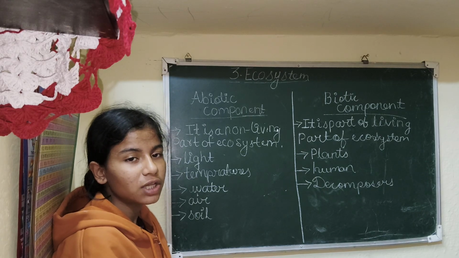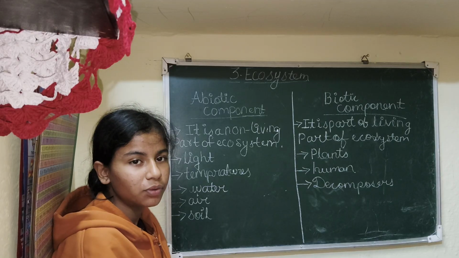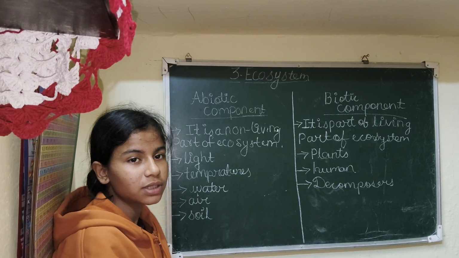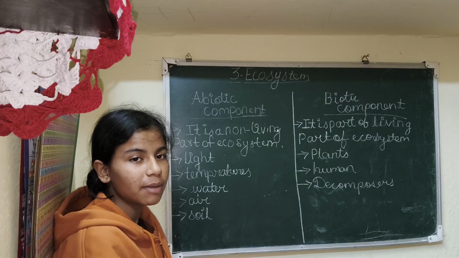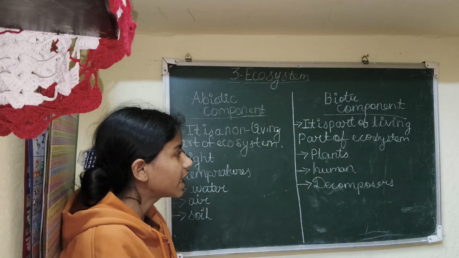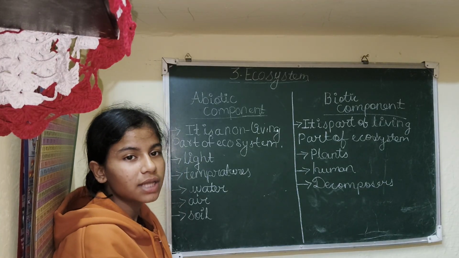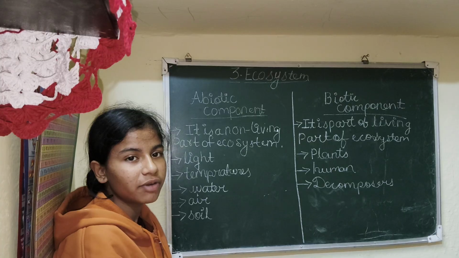The food which we consume is from plants only. We cannot do the photosynthesis process; it is possible by plants only. So that's why plants are important. Plants also produce oxygen for us and reduce the amount of carbon dioxide in our daily life.